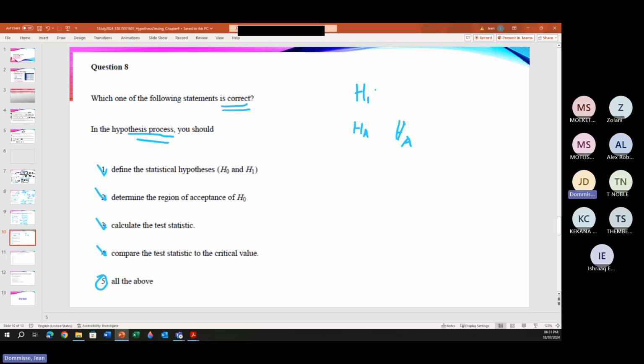So just remember that the alternative hypothesis can be written as H1, or it can be written as HA, where A represents alternative. Okay, so again, just something that you might see in the textbook, or when you Google something that might come up.